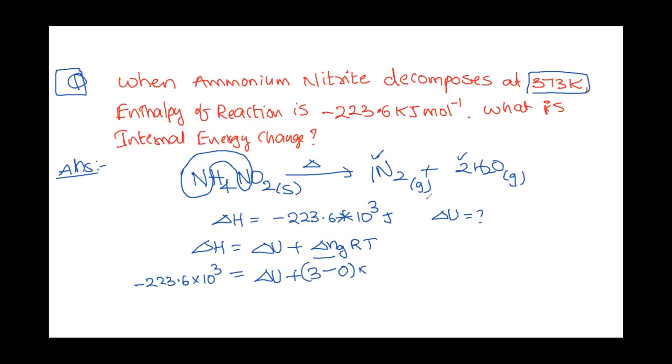Now R value should be according to joules. R value will be 8.314 and temperature is given as 373 Kelvin. Now on simplification of this equation, what can you find out? Very good.